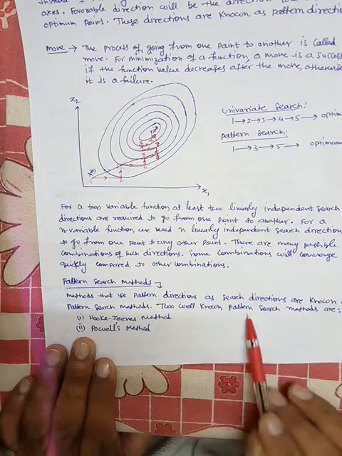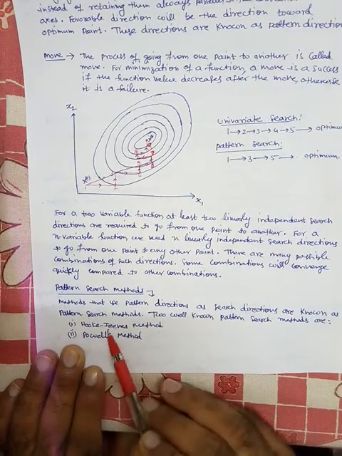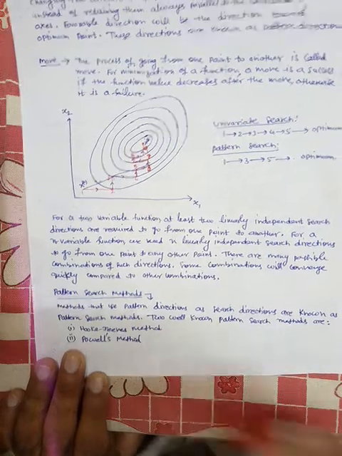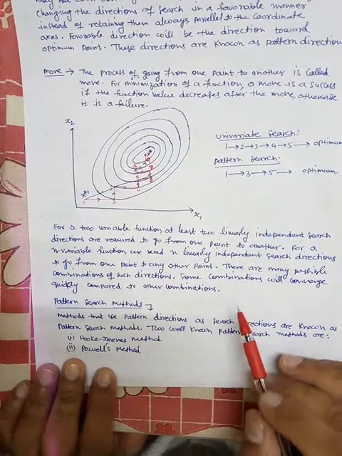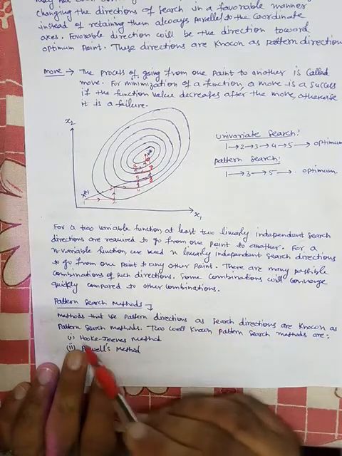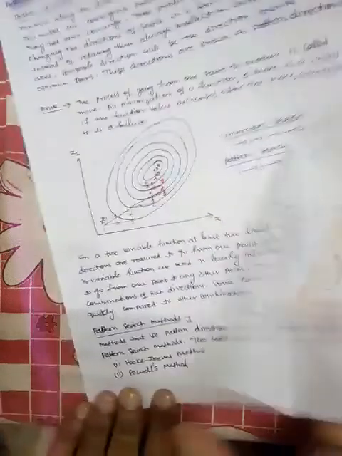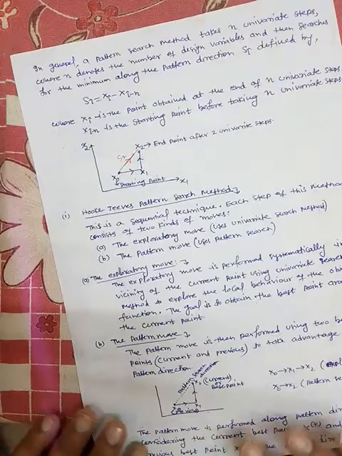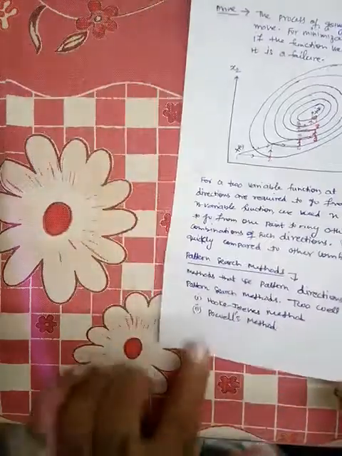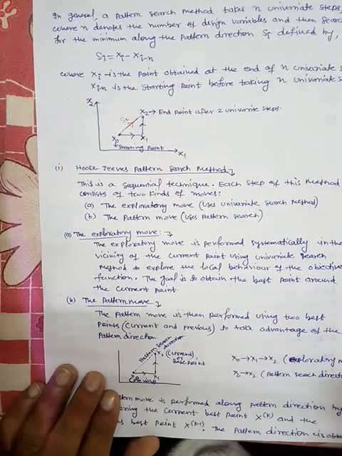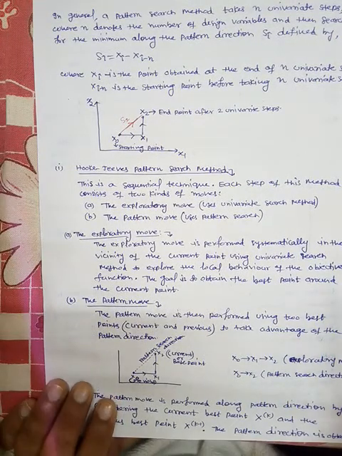Two well-known pattern search methods are Hooke and Jeeves method and Powell's method. Okay. In this course we will discuss Hooke and Jeeves method. मैं Hooke and Jeeves method को discuss करूँगा. Okay. I am not taking Powell's method.